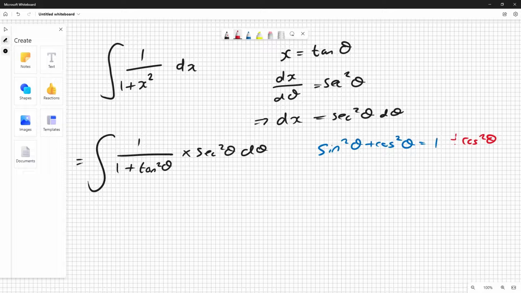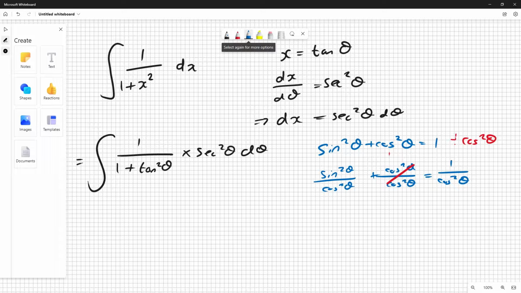So, divided by cosine squared theta, you get sine squared theta over cosine squared theta plus cosine squared theta over cosine squared theta equals 1 over cosine squared theta. Now, this will cancel and just give you 1. So you end up with 1 over cosine squared, which is sec squared, equaling 1 plus sine over cosine, which is tan.